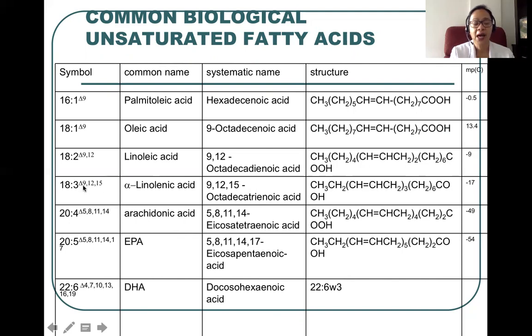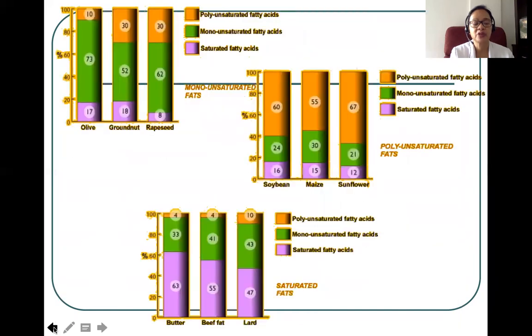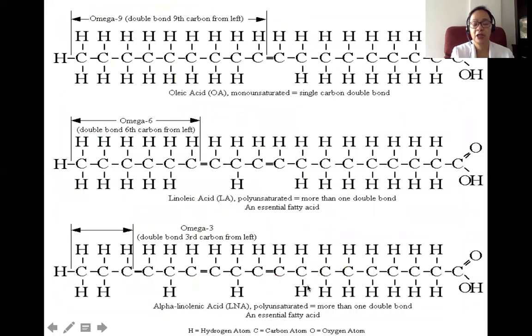So the 9 would mean that the location of the double bond is on the 9th carbon from the carboxyl end, 12th and 15th. Okay, let's go back to the structure of your alpha linolenic acid. So for the delta designation, you need to count from the carboxyl end.